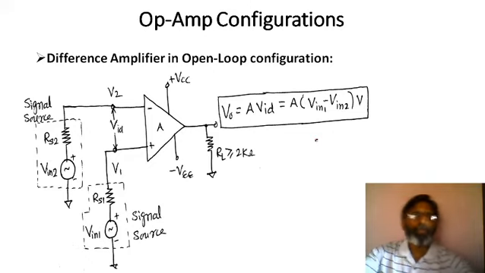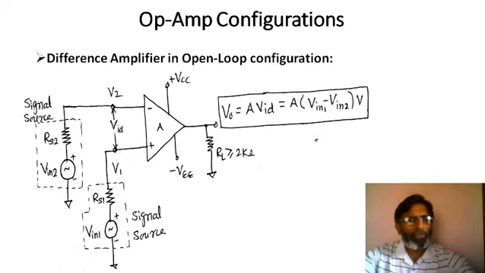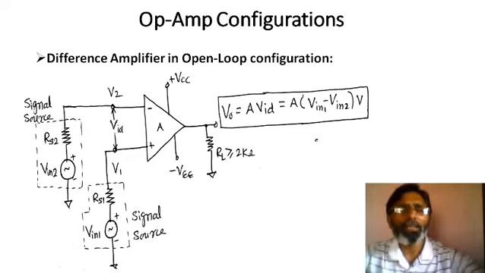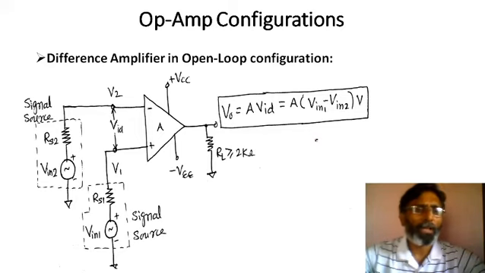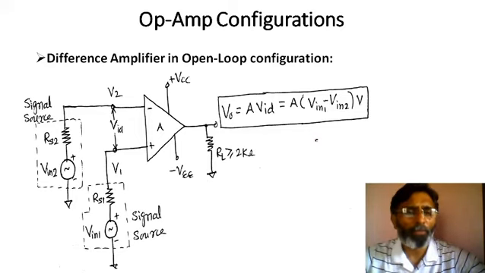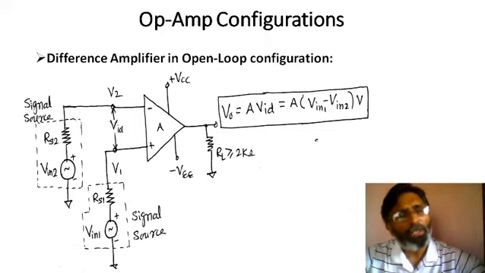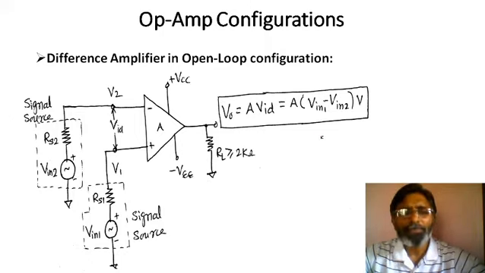Okay. Then the difference amplifier. So what is the difference amplifier in open loop configuration? It is basically the combination of inverting and non-inverting amplifier. So we are applying both inputs now, V in 1 to the non-inverting input, and V in 2 to the inverting input. Again the formula is the same. VO will be equal to A into VID.